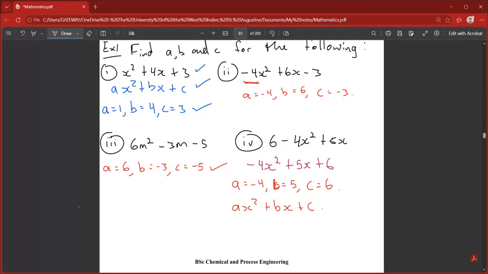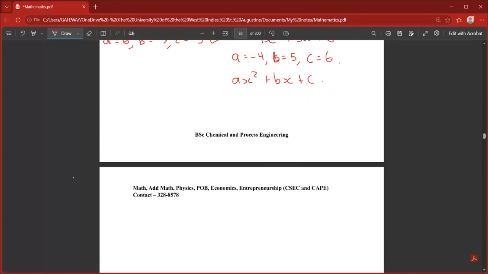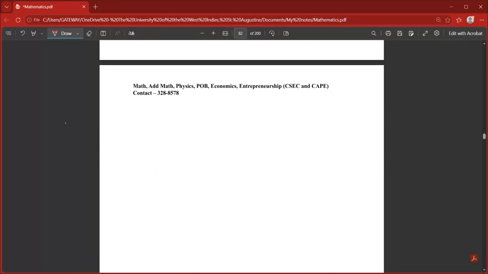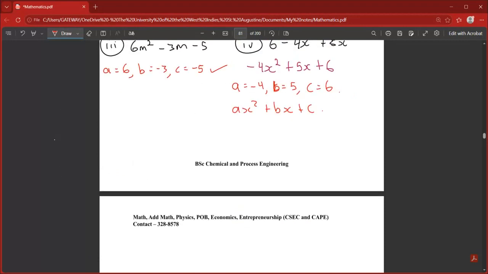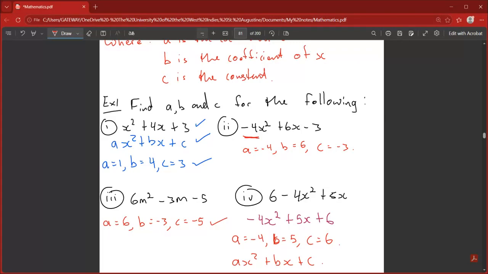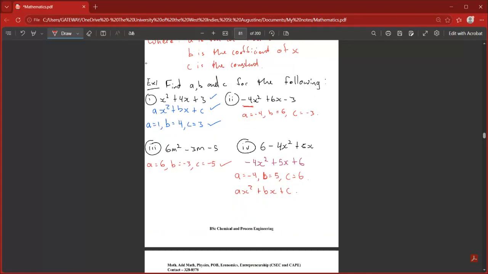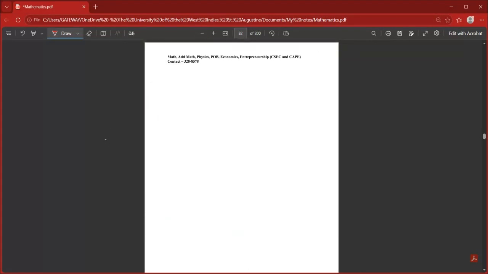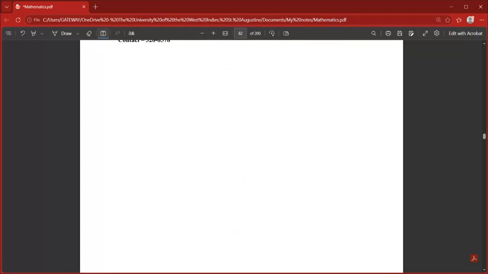So you would have been familiar with factorization, right? So we're going on to the factorization part now. Let's display this for note taking purposes. Factorization of quadratics now.